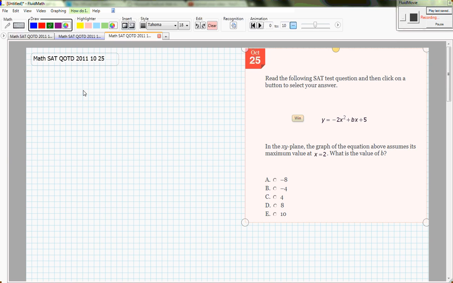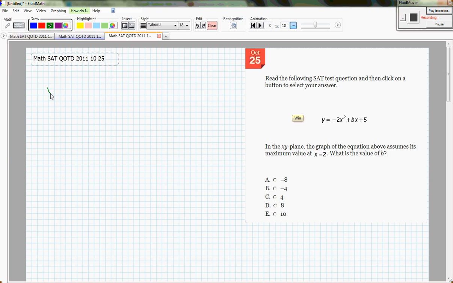This is the October 25th, 2011 Math SAT question of the day. In the xy plane, the graph of the equation above assumes its maximum value at x equals 2. What is the value of b?